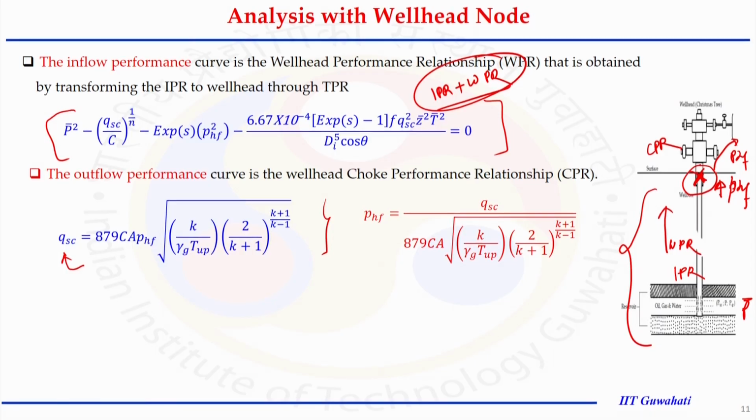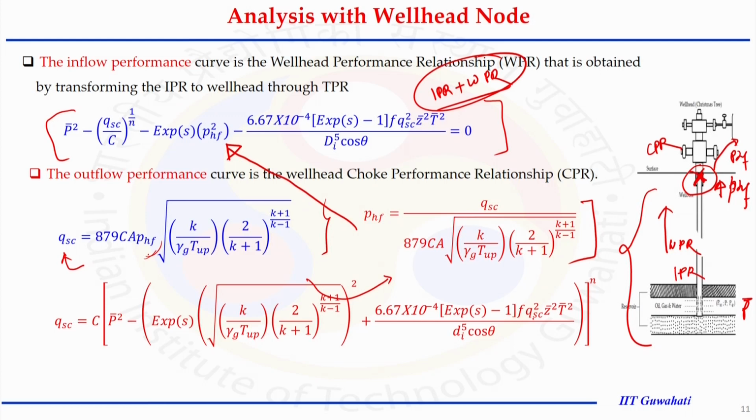So, let us see. If we adjust the outflow equation and take out the PHF, it can be arranged this way. PHF is kept here, the remaining has been transferred to the left hand side, and we get this expression for PHF. Now, this PHF can be substituted into the inflow equation. What are we going to get? A very big expression, and this expression simply says it can be solved numerically.